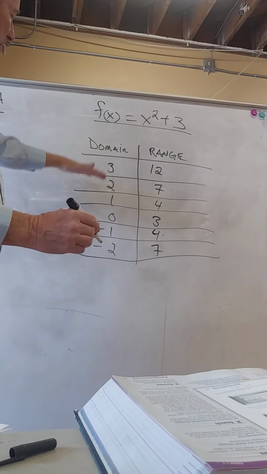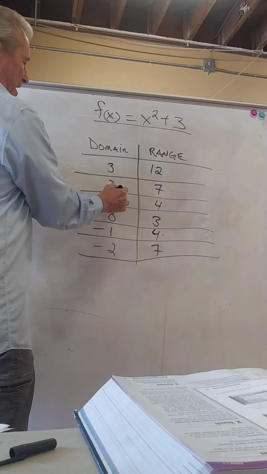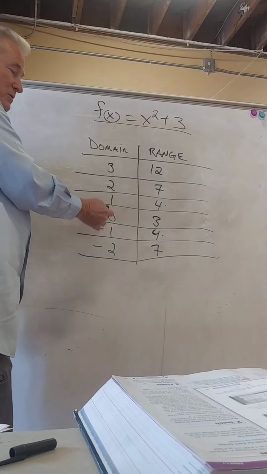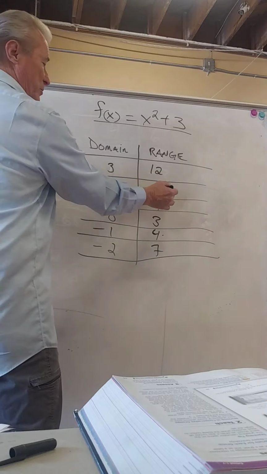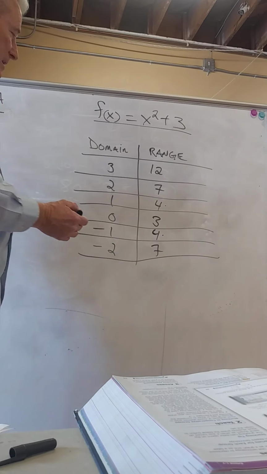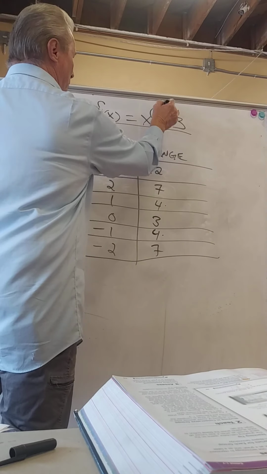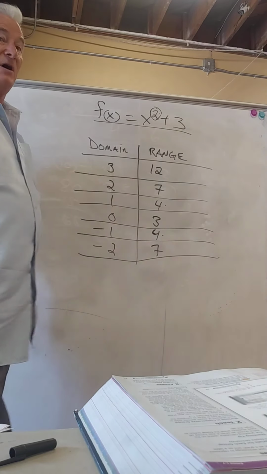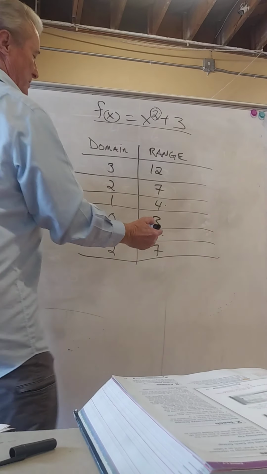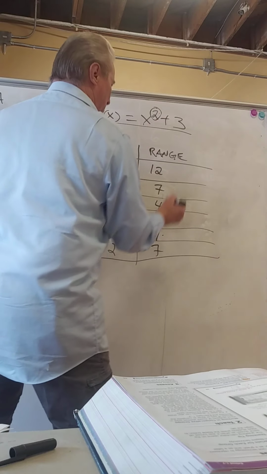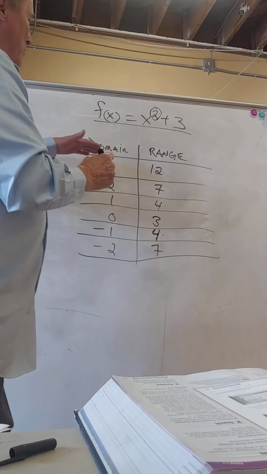So here's what I'm showing you, is that here we don't have any duplicate domain numbers for x, but we do have duplicate numbers in the range. And because this is squared, it's easy to see that your minus numbers are all going to be positive. All right? So that explains the theory behind this domain and range.